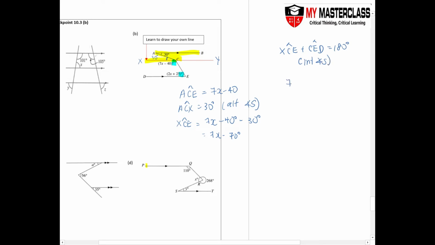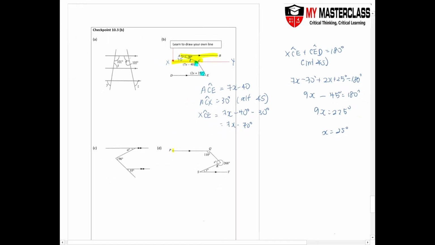Which also means that 7x minus 70 plus 2x plus 25 degrees is 180 degrees. So this will be 9x minus 45 equals 180, and 9x equals 225 degrees, of which x equals 25 degrees. Therefore x equals 25 in this particular equation. Hopefully it's easy enough for you to follow.